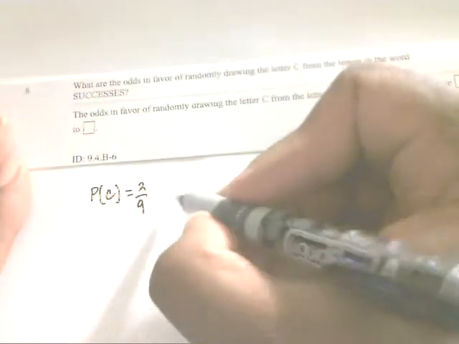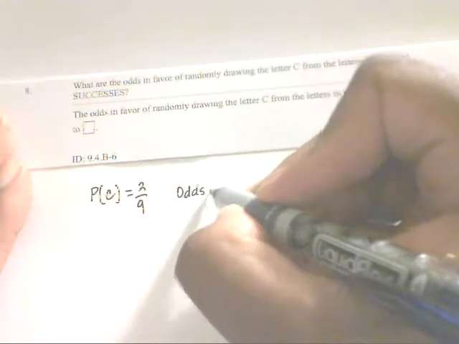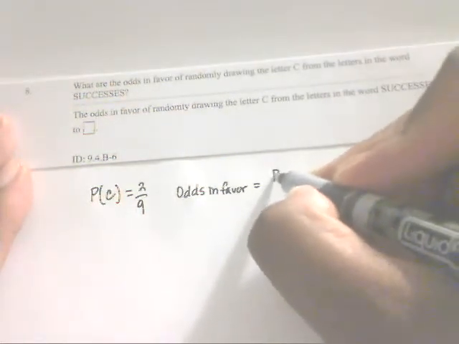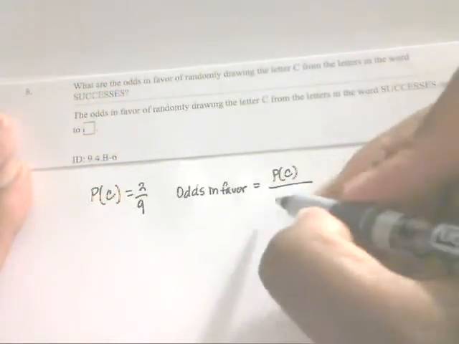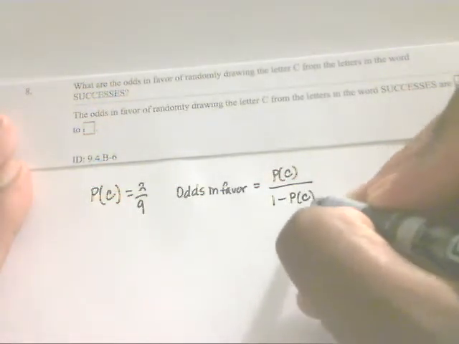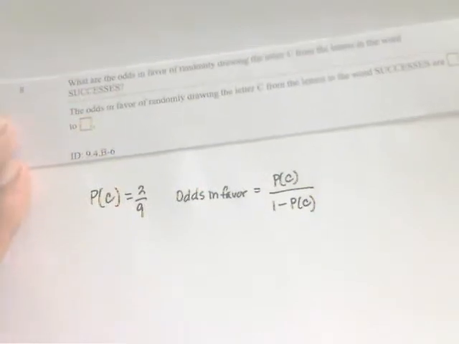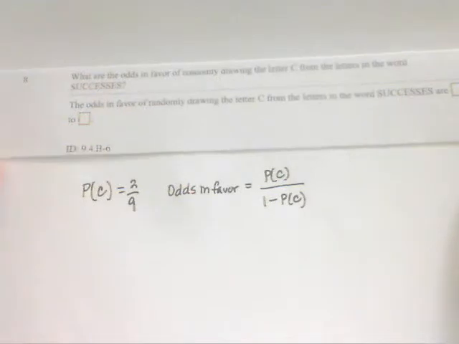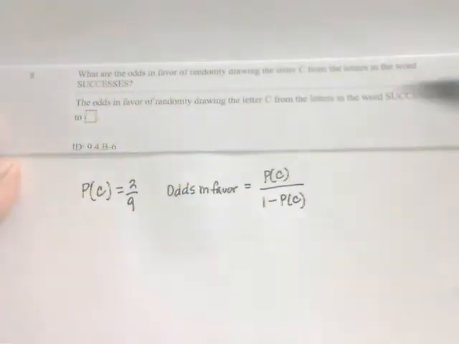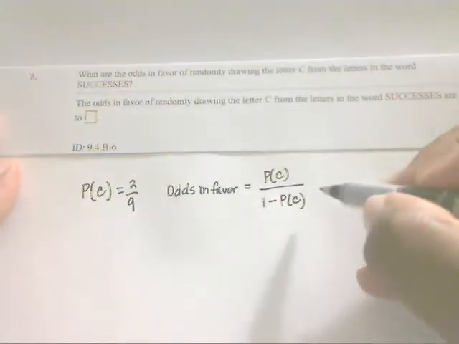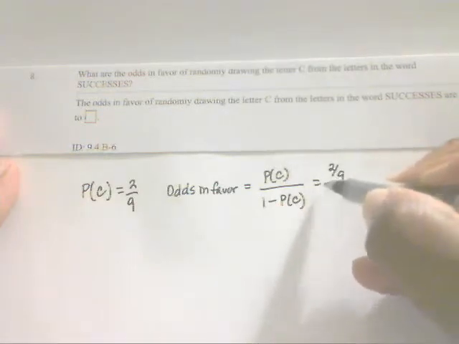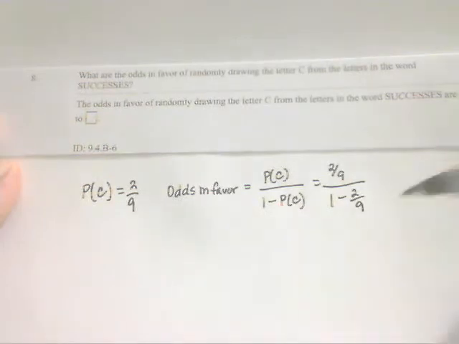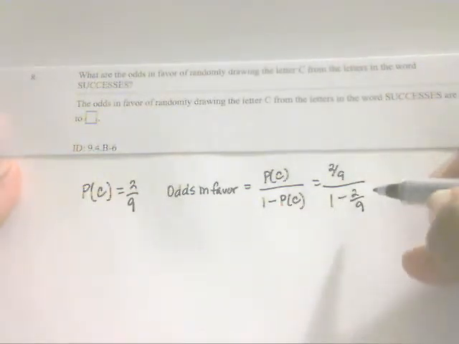Now we're trying to find the odds in favor of drawing a C. That's going to be the probability of drawing a C divided by 1 minus the probability of drawing a C. And 1 minus the probability of drawing a C is the same as the probability of the complement of C. The probability of drawing the letter C will be 2/9. That's your numerator. The denominator is going to be 1 minus 2/9. Subtract 2/9 from 1 whole, which is 9/9.